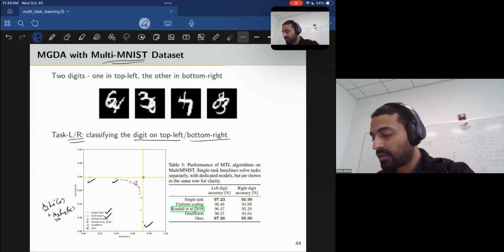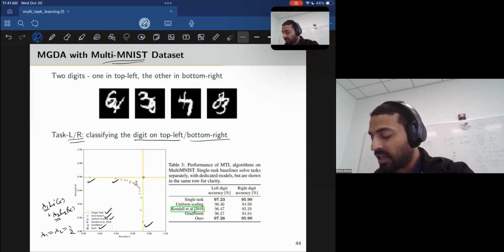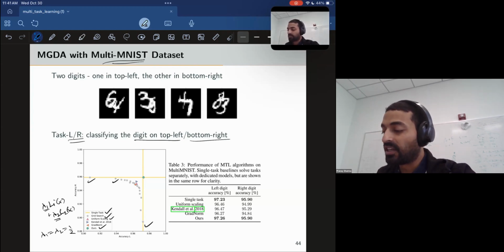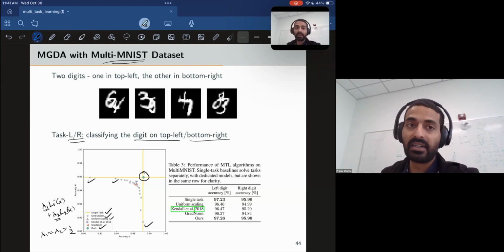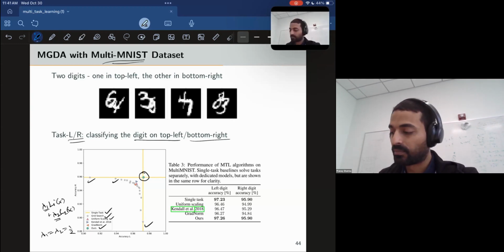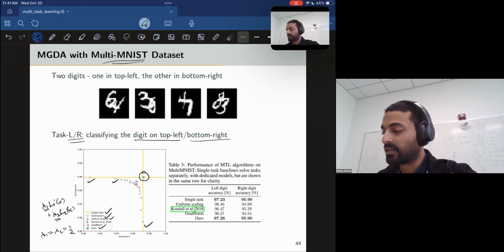Depending on the lambda 1 and lambda 2 values, you get these different stars. Uniform scaling is where lambda 1 and lambda 2 are both half. And as you can see, MGDA does significantly better, and it actually achieves the best achievable performance, the same as independent training for both the tasks. So it is doing significantly better than all the existing methods.